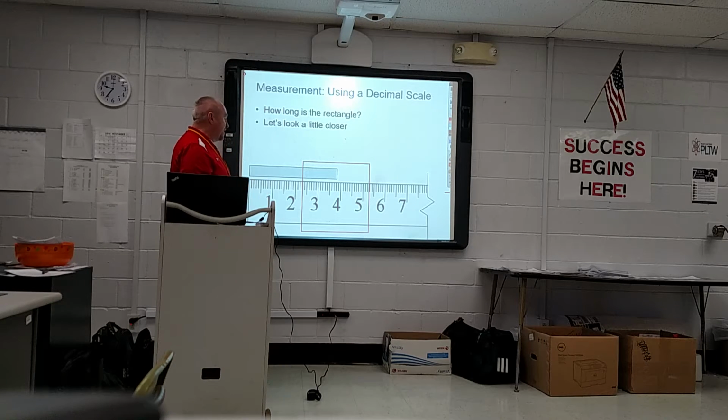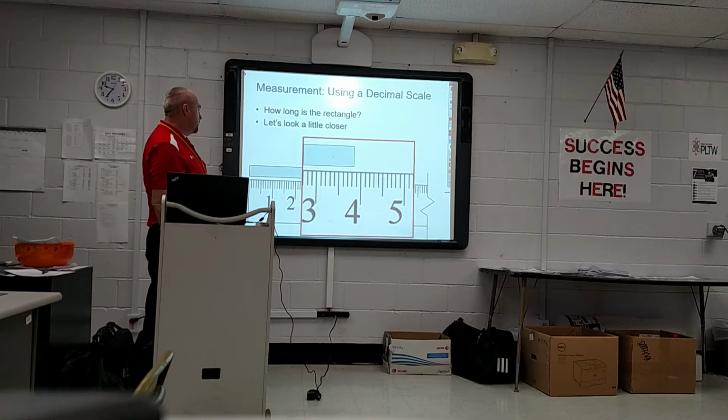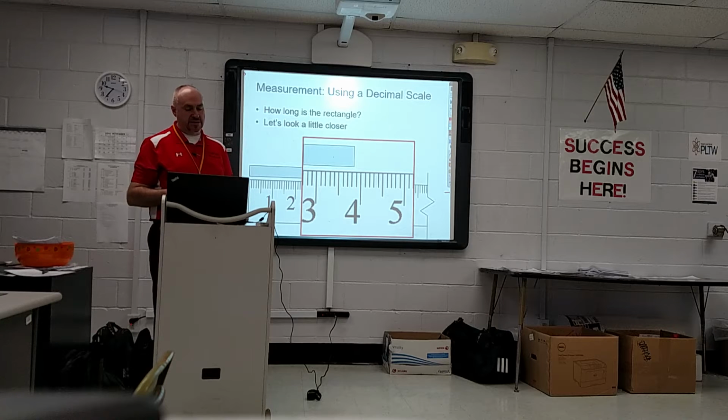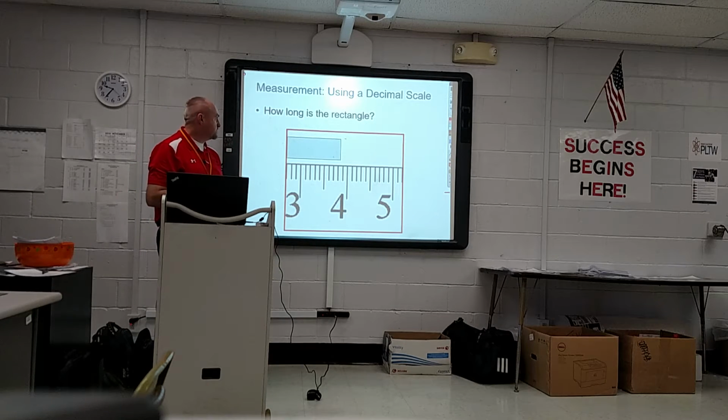So we know that we have a certain number here. Let's zoom in just a little bit more. Again, our certain number is going to be this 3 centimeter mark, but it's more than 3 and less than 4. So we've got to, again, count up those slashes to determine exactly how long this rectangle is.